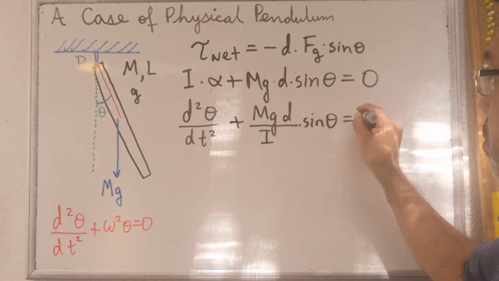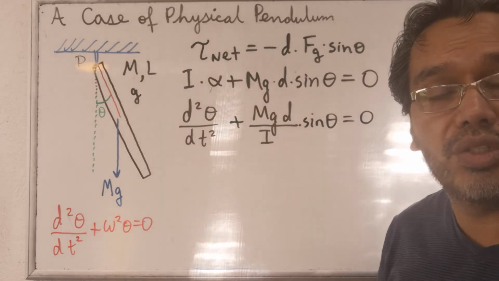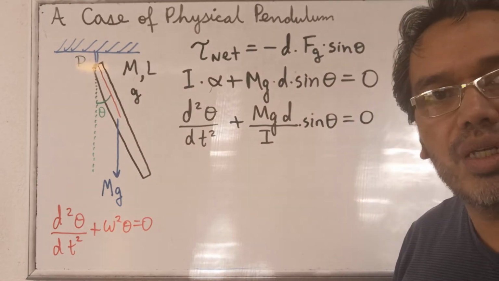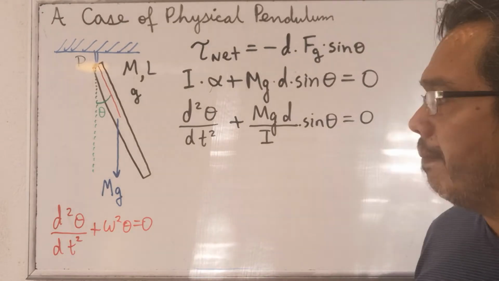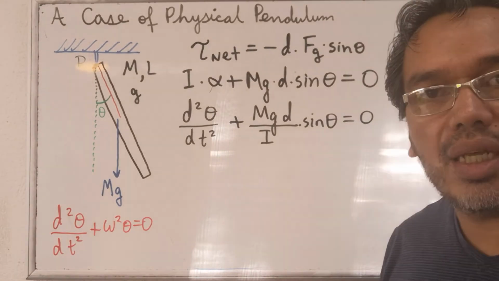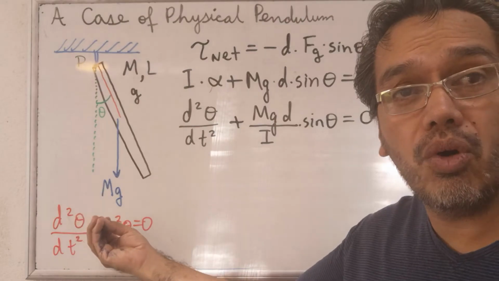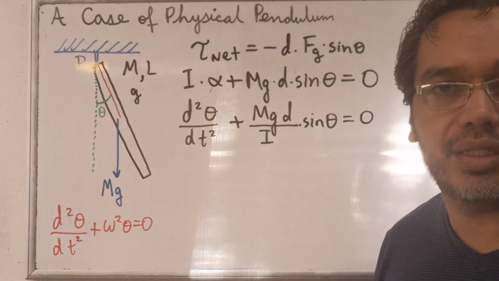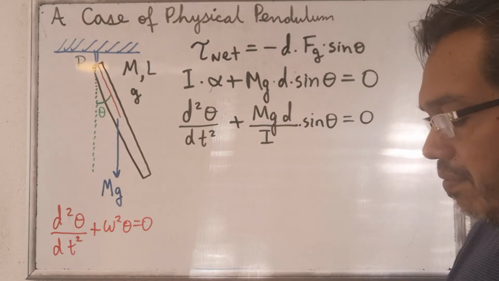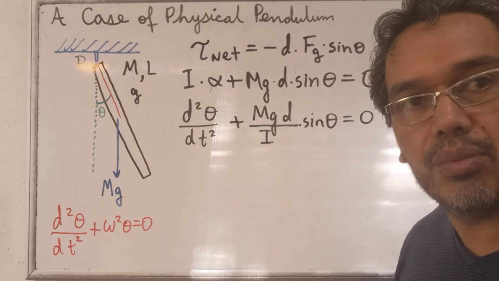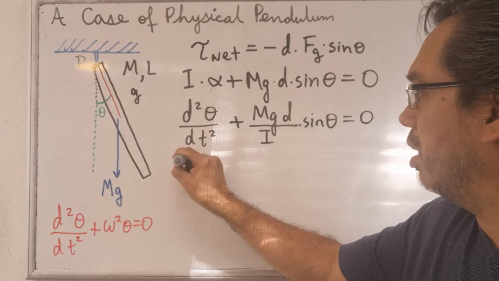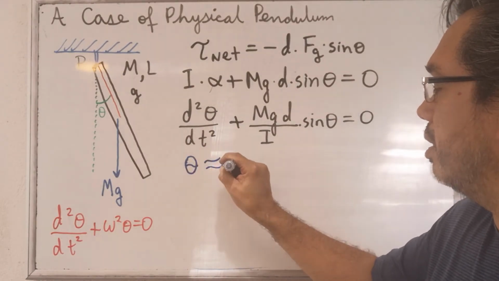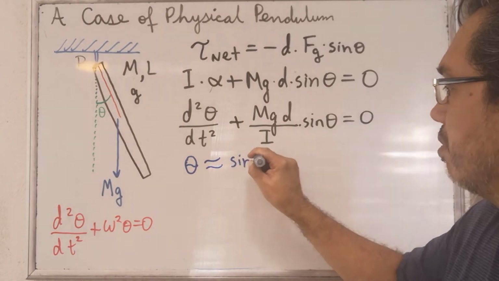Now, we have said before that this equation is extremely complex to solve when you deal with the sine of an angle. But if you consider that your angle is relatively small, say between 0 and 15 degrees, then it is a very good approximation, the famous small angle approximation, that for these small angles, theta is approximately equal to the sine of theta.